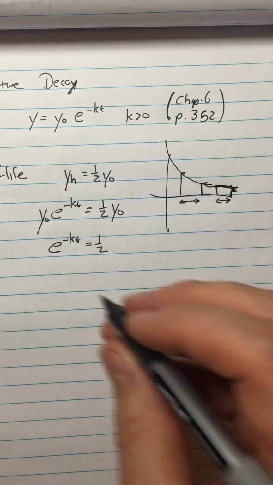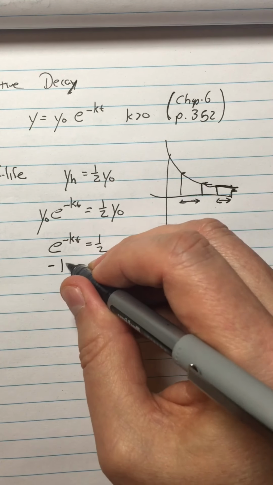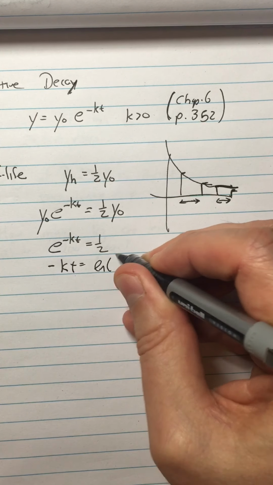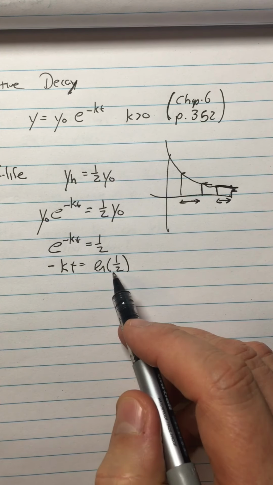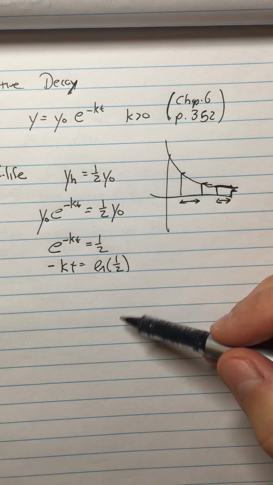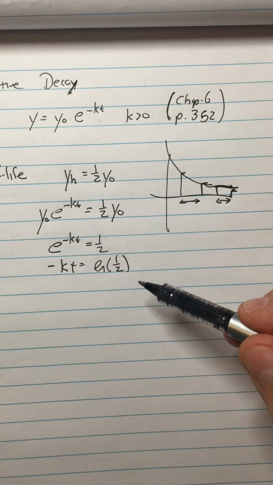Anyway, to solve this, negative kt equals ln of 1/2. Something I've noticed is that because everybody knows now that the antiderivative of 1 over x is ln of the absolute value of x, everybody wants to put ln of absolute value on everything. This is not an antiderivative, so it's not ln of absolute value of 1/2. It's just ln of 1/2.